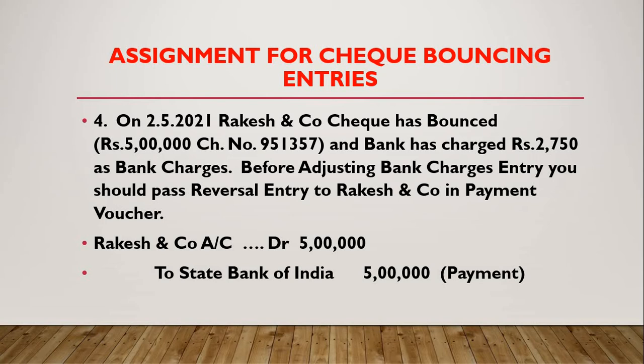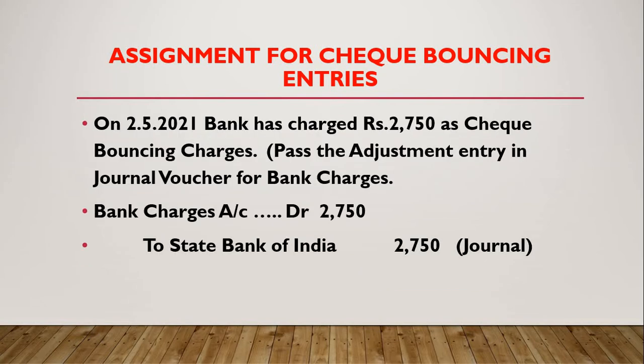Before adjusting the bank charges entry, you should pass a reversal entry to Rakesh and Company in a payment voucher. So the ledgers Rakesh and Company and State Bank of India are both created.